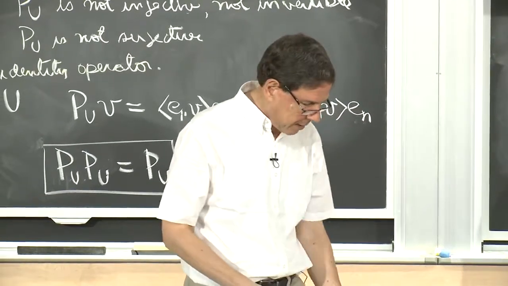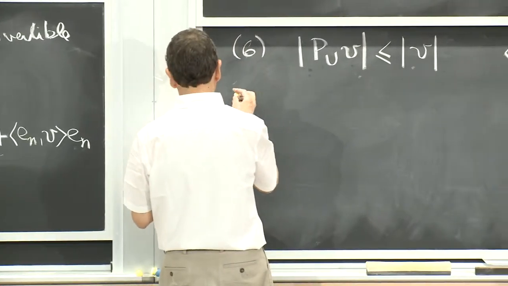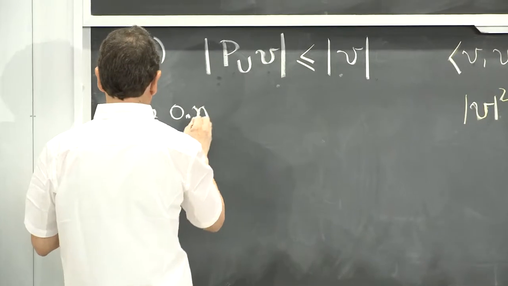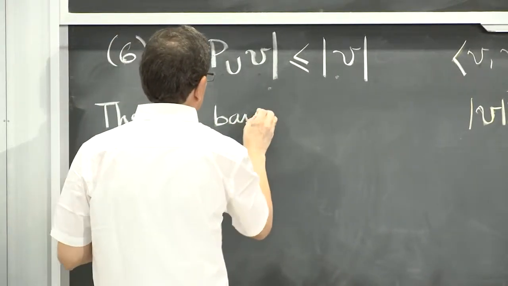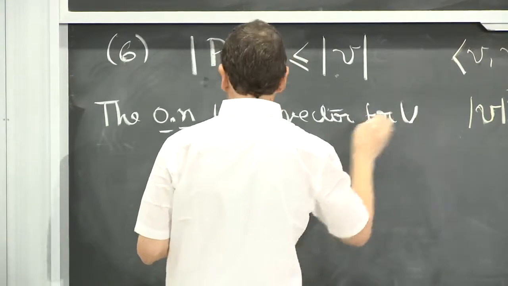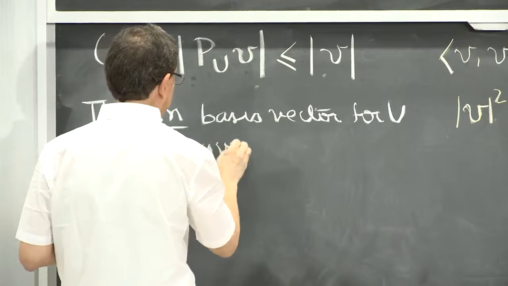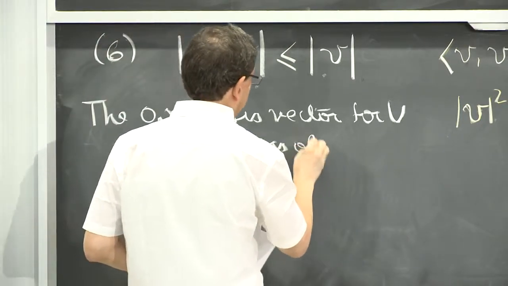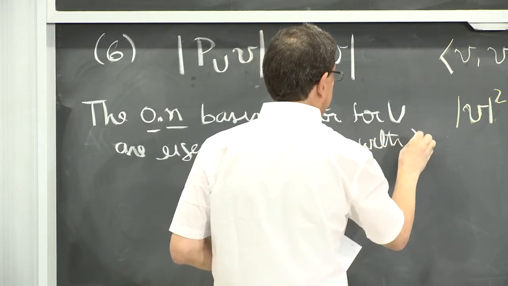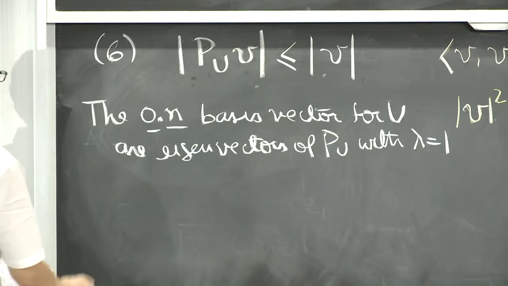So I will write it here. The orthonormal (ON) basis vectors for U are eigenvectors of PU with lambda equals 1, because they're left invariant.